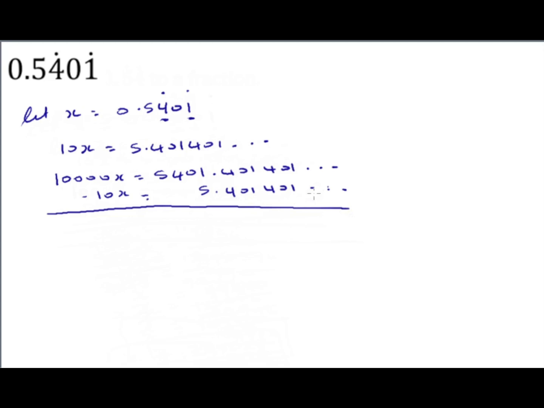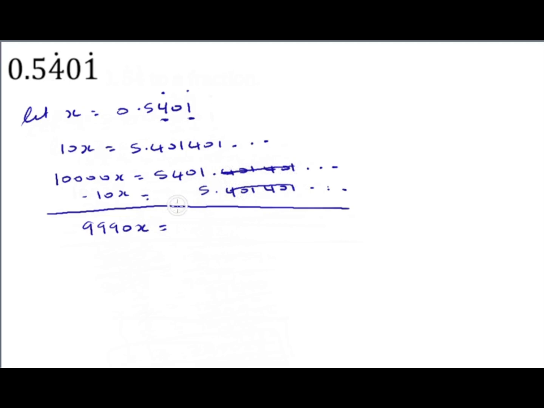Now, if we subtract 10x from 10,000x, we're left with 9,990x. And if we look here, we realize that the recurring part eliminates the recurring part.